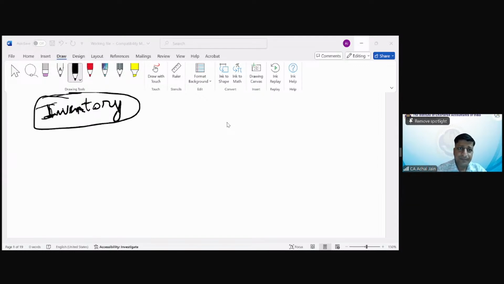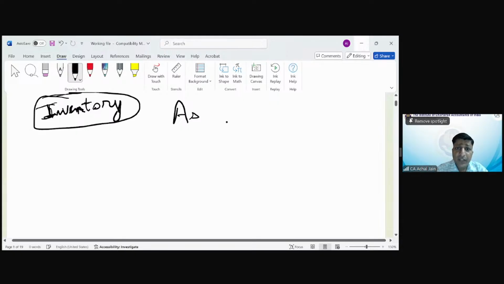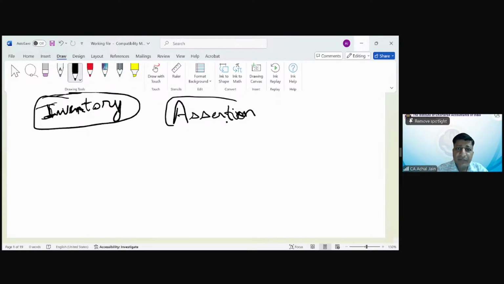Assertions. Because whenever you do any audit, of course you will do planning. If we talk about inventory, inventory will have various assertions. Now, what are the assertions?